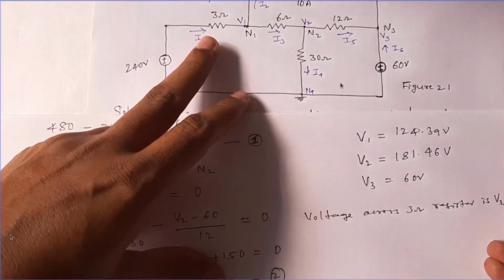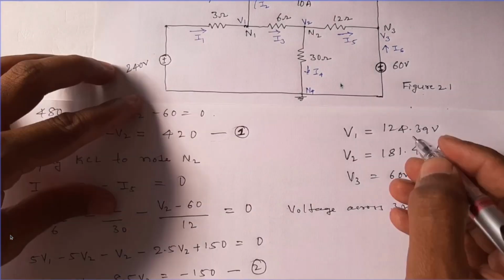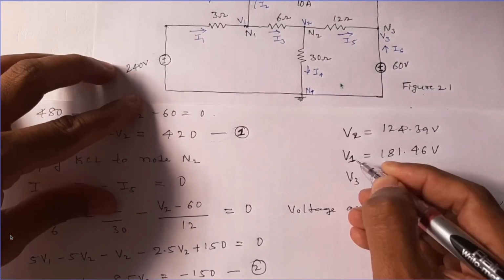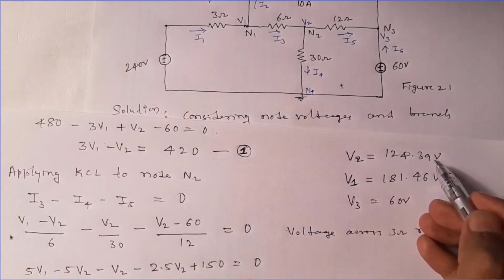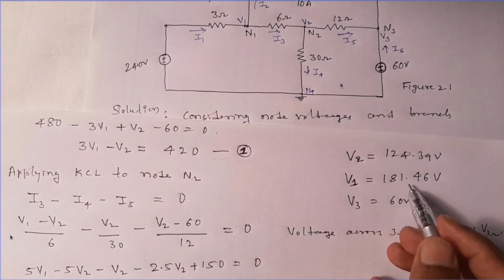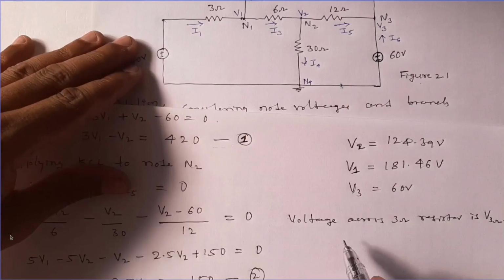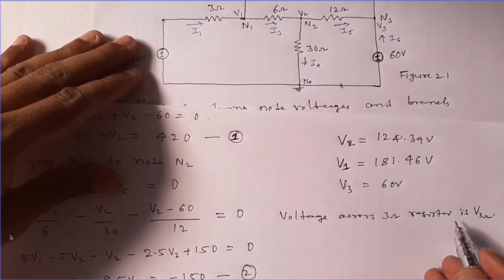V2 is 124.39 volts and V1 is 181.46 volts.